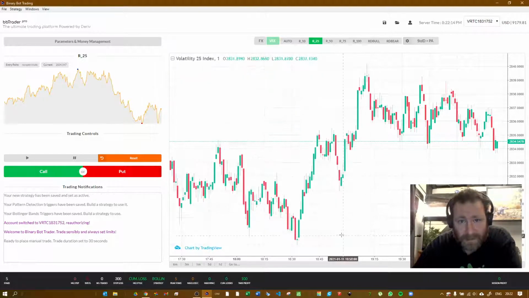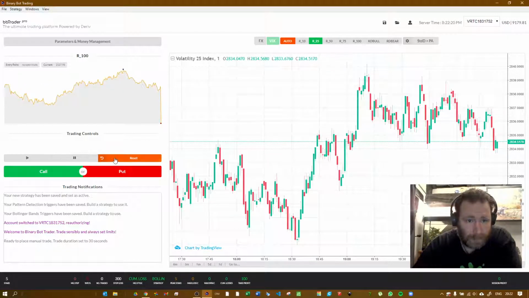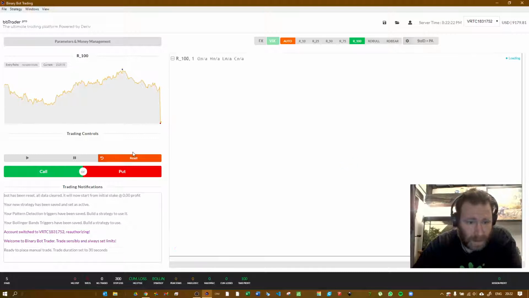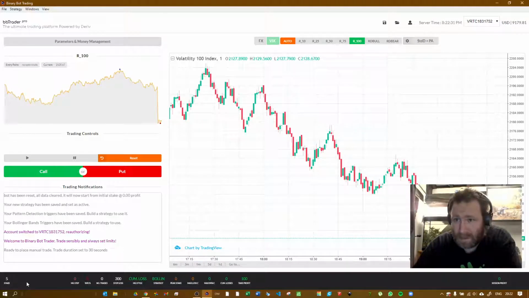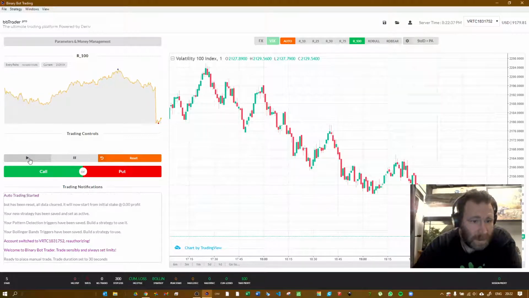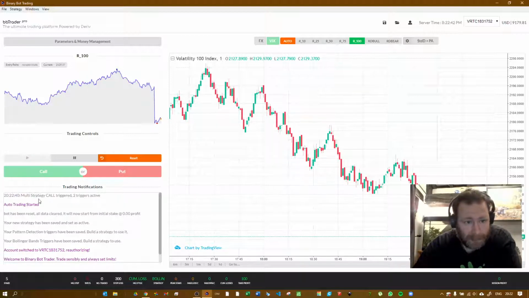And if we save and use this and go over to auto, just reset the bots. Notice the strategies come up down here. Got a pretty aggressive strategy I've been messing about on virtual. And then if you press go, the bot will start running.